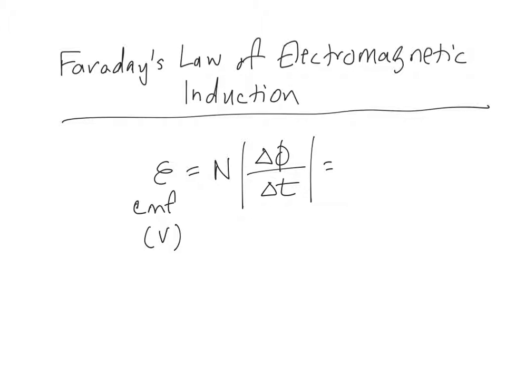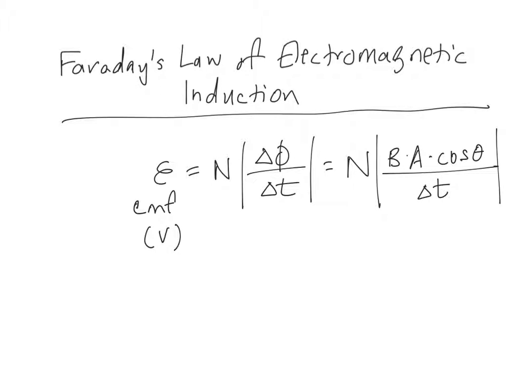And of course, we know that the change in flux can be expressed as the intensity of the magnetic field times the area times the cosine of the angle between the normal line of the area and the magnetic field itself. Okay, so that's what flux is, and I should have a delta in front of all of that. So it could be any one of those things changing.